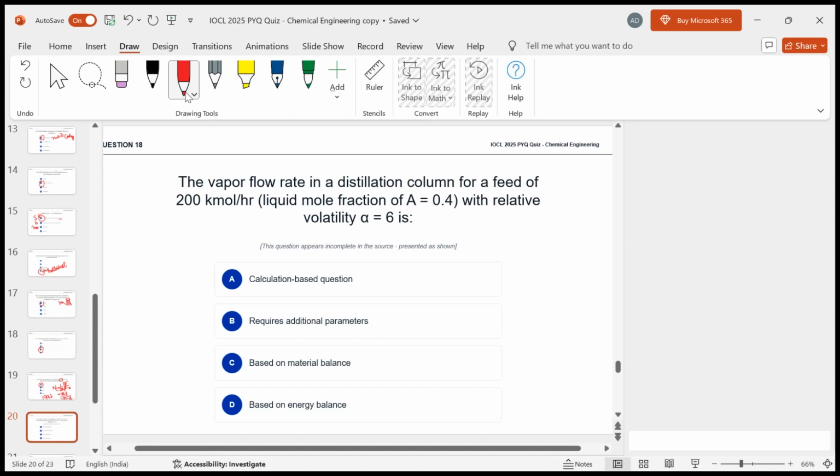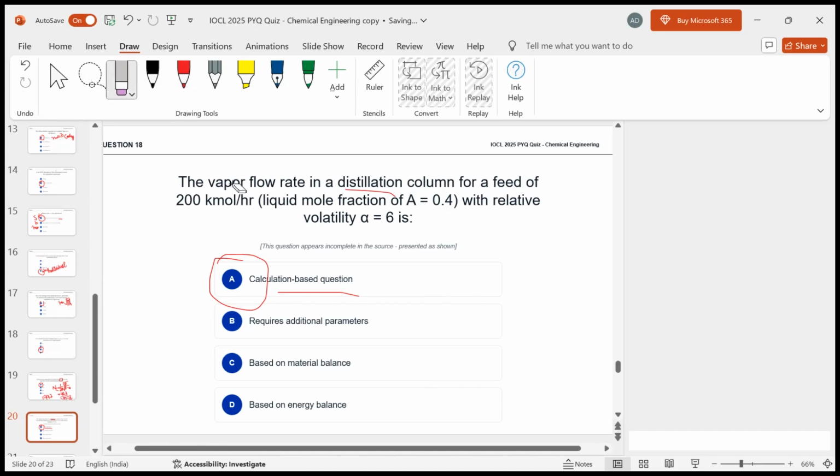The vapor flow rate in a distillation column for a feed of 200 kmol per hour, liquid mole fraction given with relative volatilities. This is a calculation-based question because to calculate the vapor flow rate we need to apply the formulas, and you need the reflux ratio, the product composition, the percentage of distillate coming, and the percentage of bottom product coming.